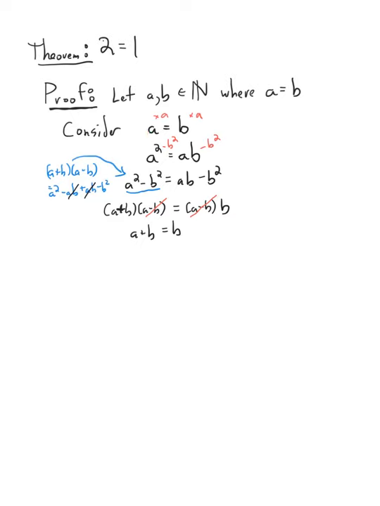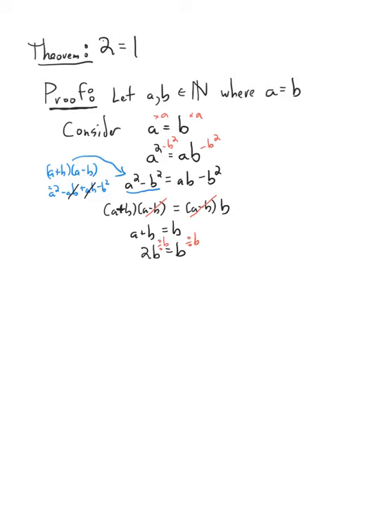Since A equals B, I'm going to replace A by B. So this is the same thing as B plus B, or 2B equals B. And then we're just going to divide both sides by B. Remember, B is a counting number.